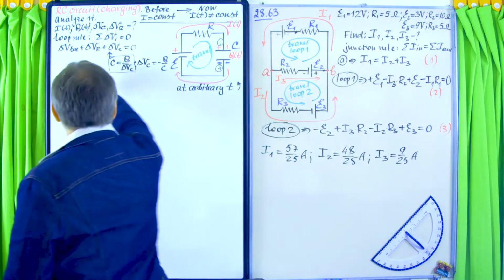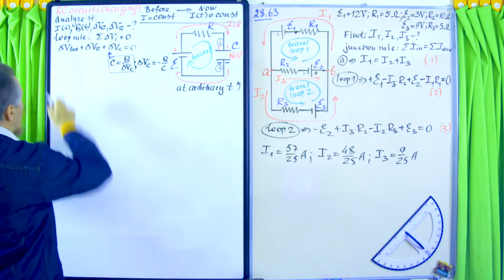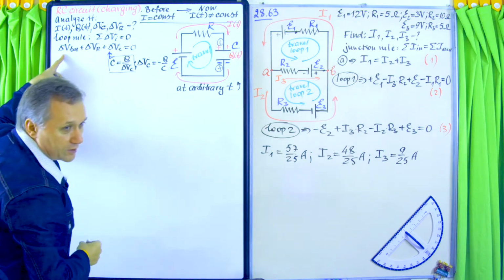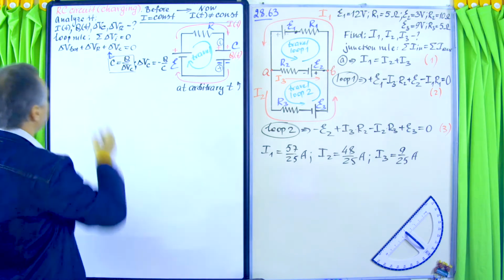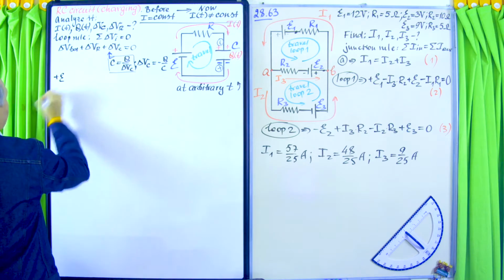Okay, so now let's write the equation explicitly. Across the battery, we're crossing from minus to plus, so contribution is positive, rule number 1. So it will be plus EMF.